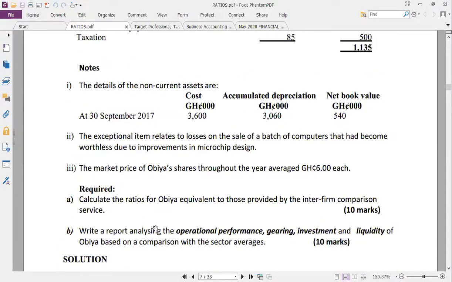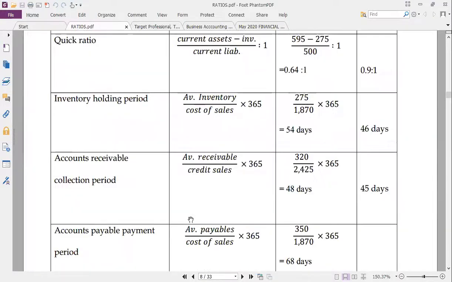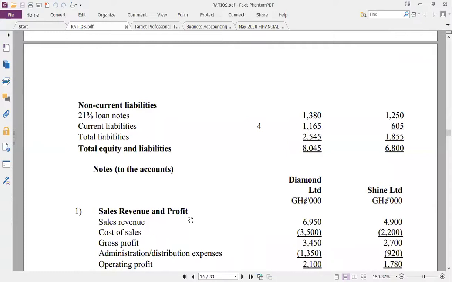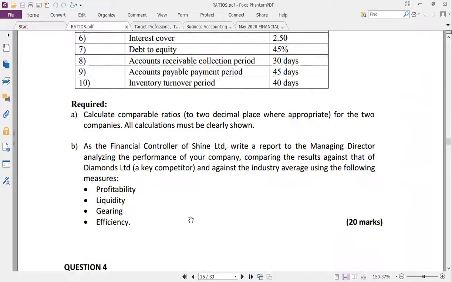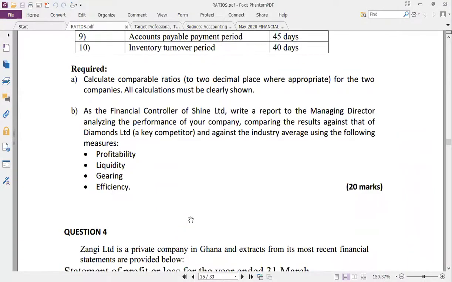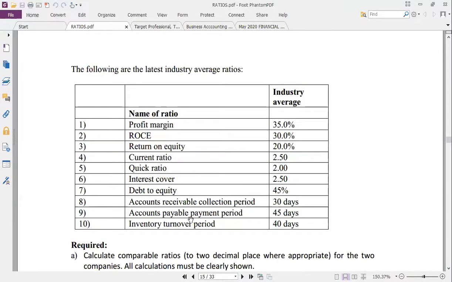So this one said, write a report. They didn't give us the "to" or the "from", so you address yourself to the company. Let's check this one, Diamond and Shine.